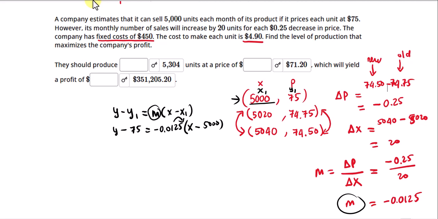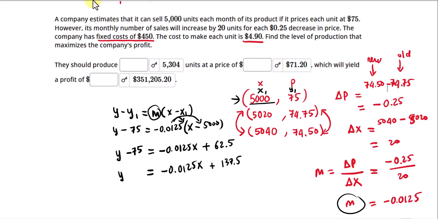Now I'm trying to solve for y. So I multiply 0.0125 by x, and then negative multiplied by negative will be positive. And when you multiply minus 0.0125 by 5,000, you get plus 62.5. And then I have y minus 75. Therefore, I can solve for y by adding 75 to both sides. And when I do that, I get y equals minus 0.0125x plus 137.5.